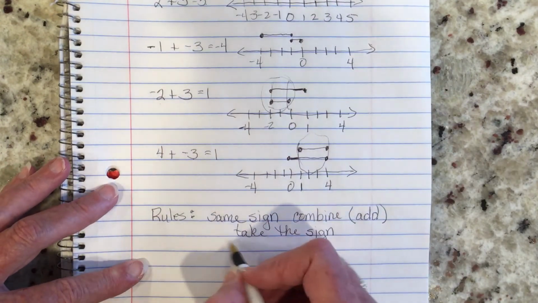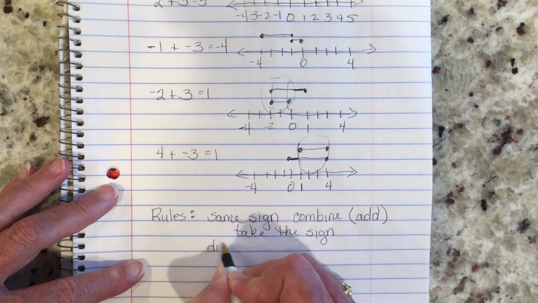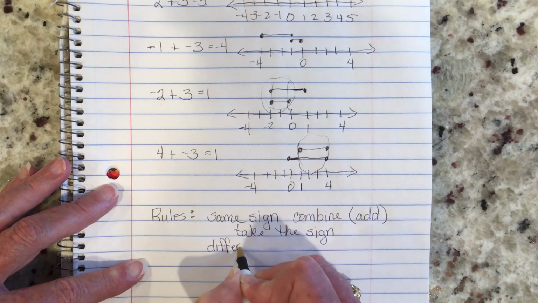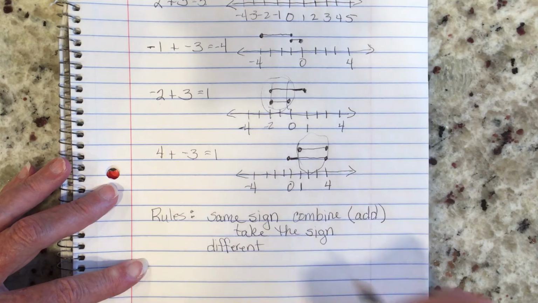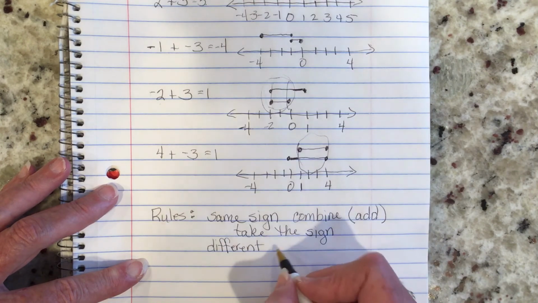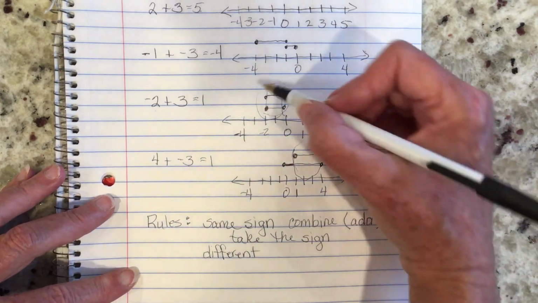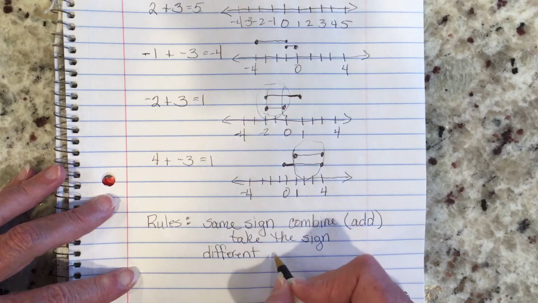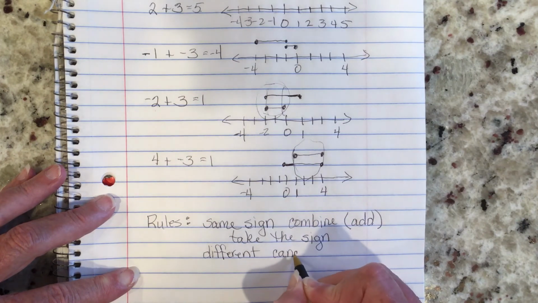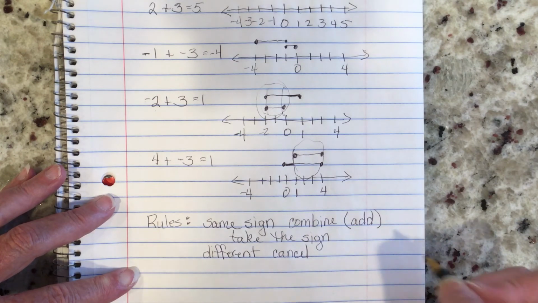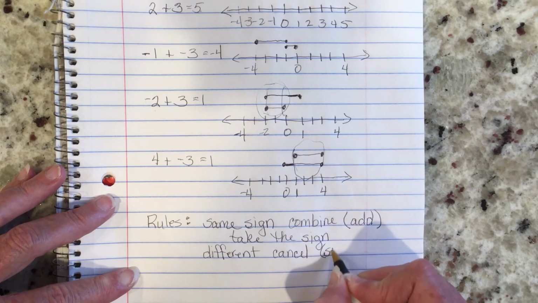All right, when the signs were different, when one was positive and one was negative, we canceled. We have this cancel right here. And the operation associated with canceling is subtraction.